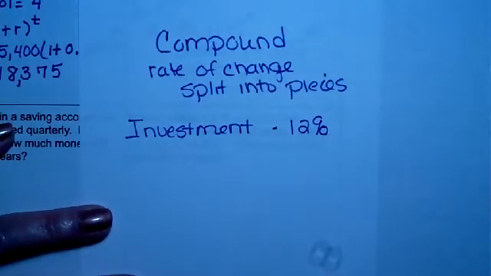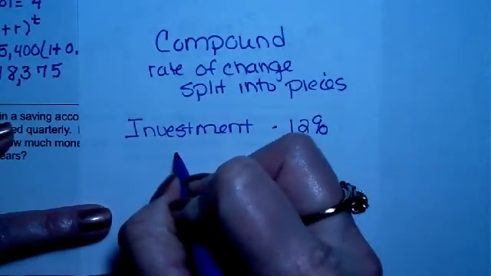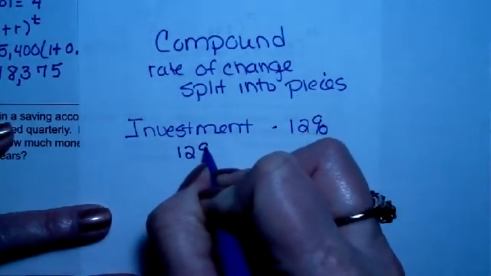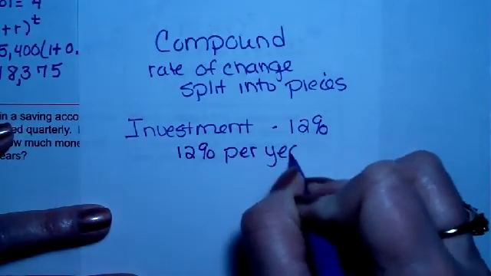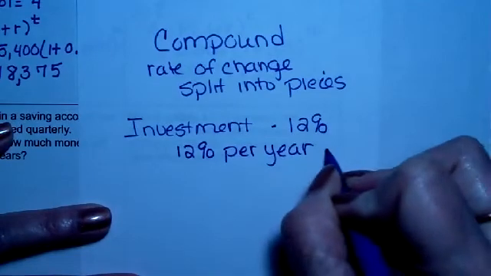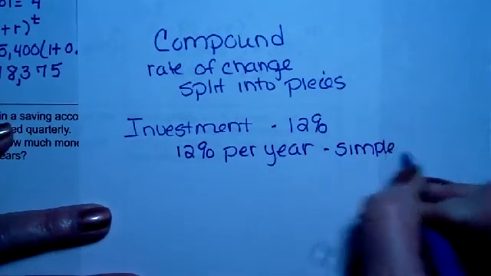Now, you can get this done in several ways at the bank. The most simple thing is you get 12% per year, and sometimes this is referred to as simple interest.